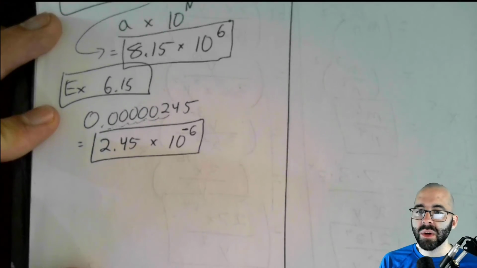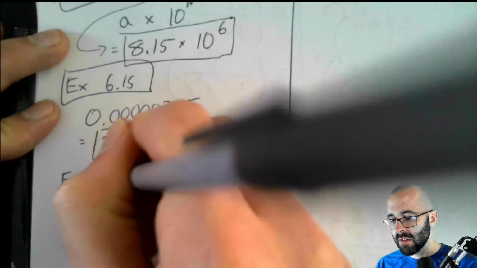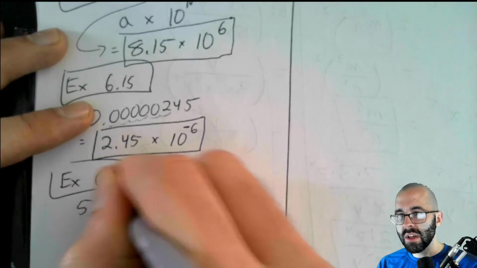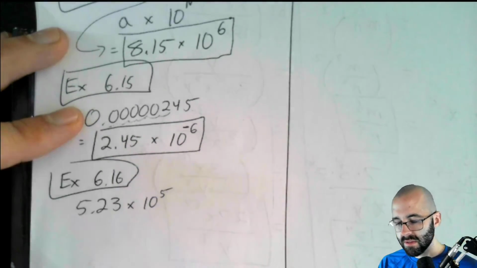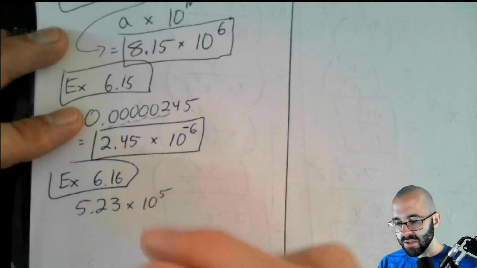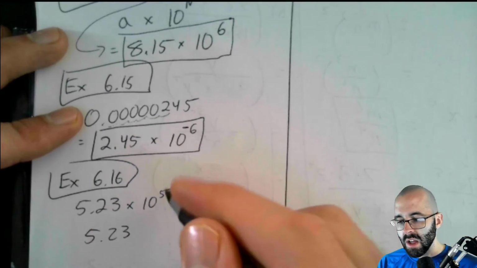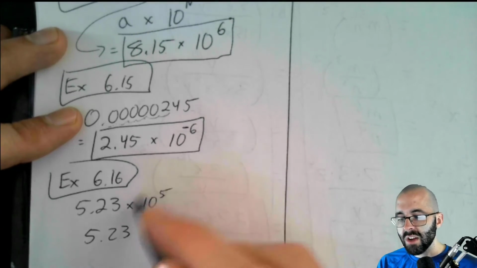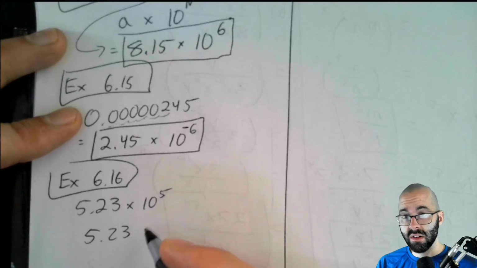All right, next we're going to go the other direction. So example 616. We want to convert 5.23 times 10 to the fifth to standard notation. Well, this is just going the opposite way, right? We have 5.23, and we're moving the decimal place 5 times. It's 10 to a positive exponent, so this is getting bigger.